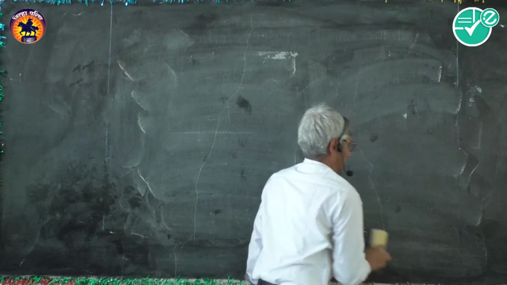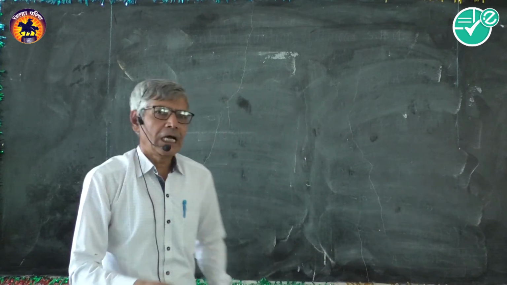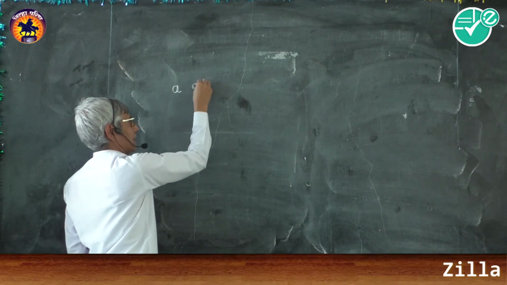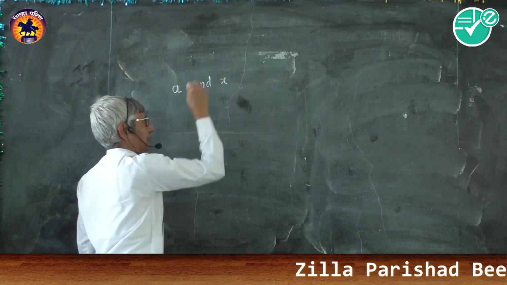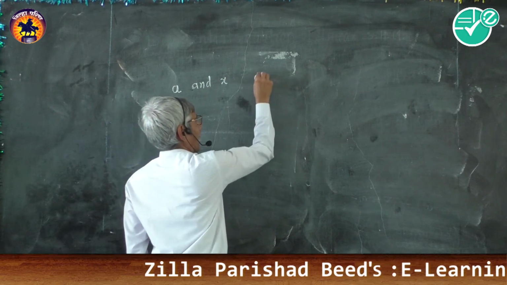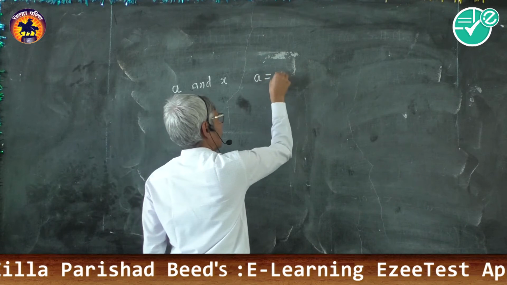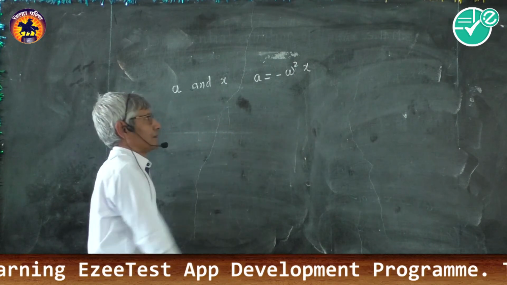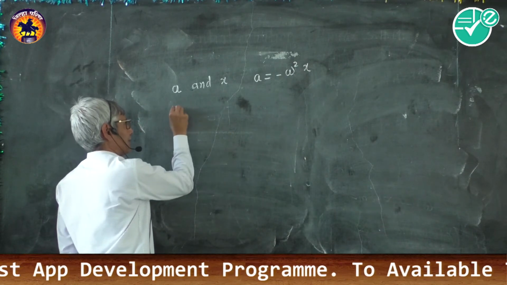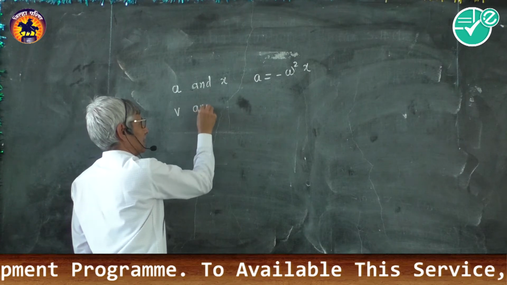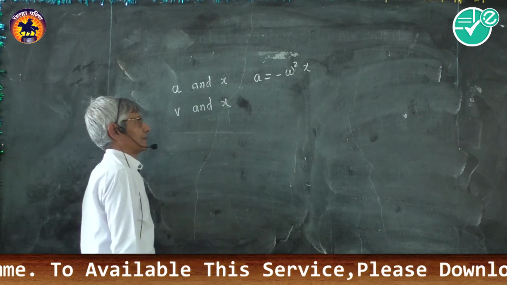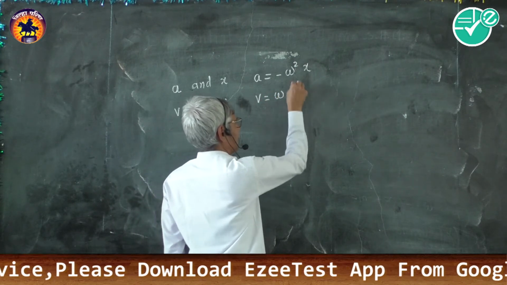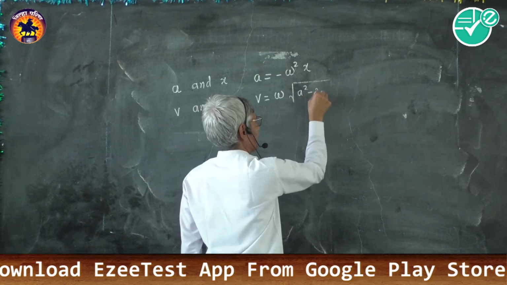With these two solutions and the differential equation, we have the relation between the acceleration and displacement as acceleration a is equal to minus omega square x. Second equation, velocity and x, which is v equal to omega times the square root of A square minus x square.